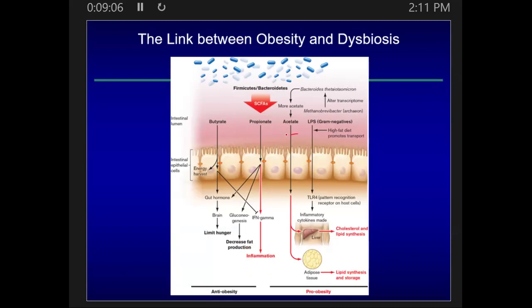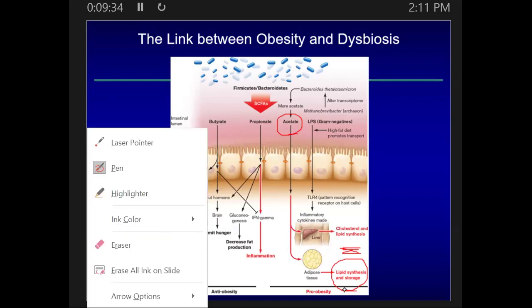Acetate here, what they showed in this study, is not such a good thing. If you have a buildup of acetate by your microbes doing their thing, in this study they were showing cholesterol and fat increases, basically fat storage going on. So a pro-obesity state for the host.